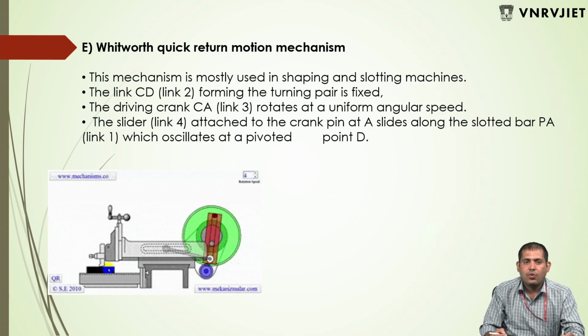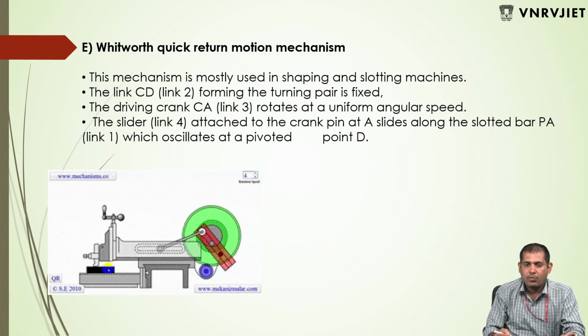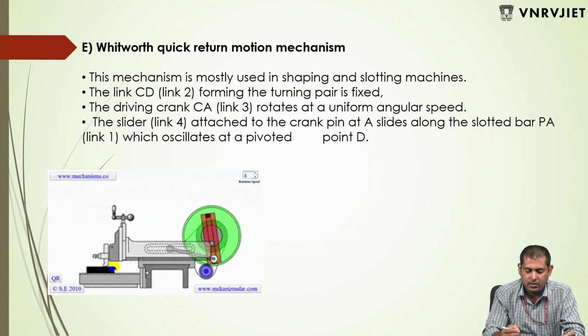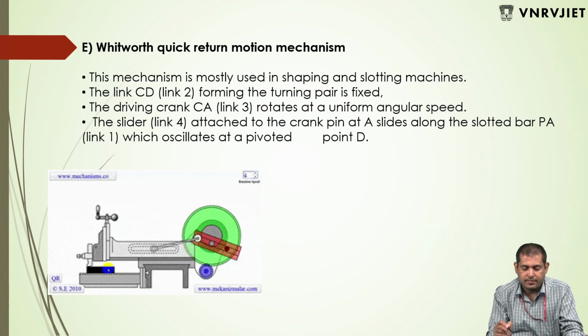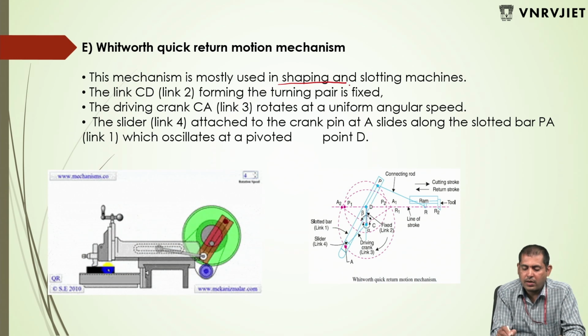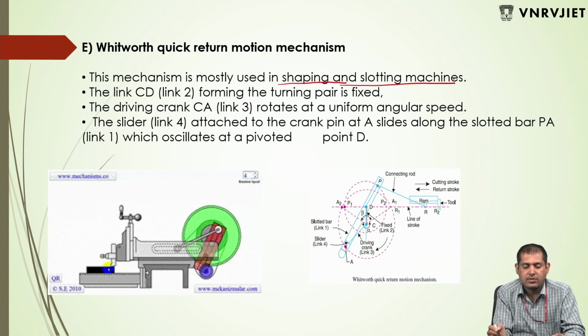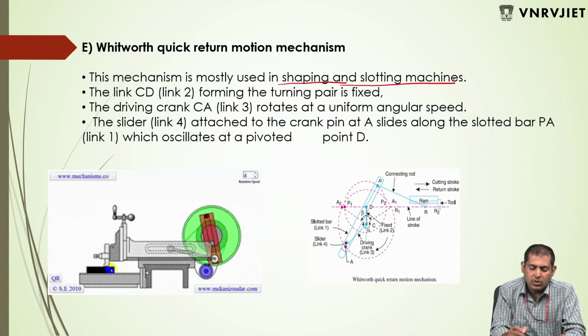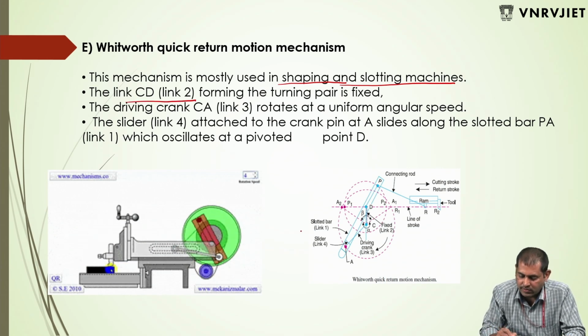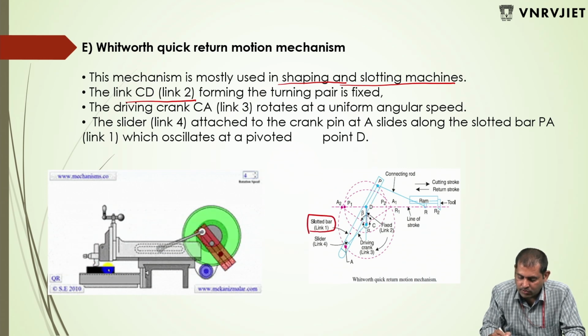Next, the Whitworth quick return motion mechanism. This is also the same kind, but the arrangement is a little bit different. This mechanism is mostly used in shaping and slotting machines. First let's find the various links. This complete one is your slotted bar.